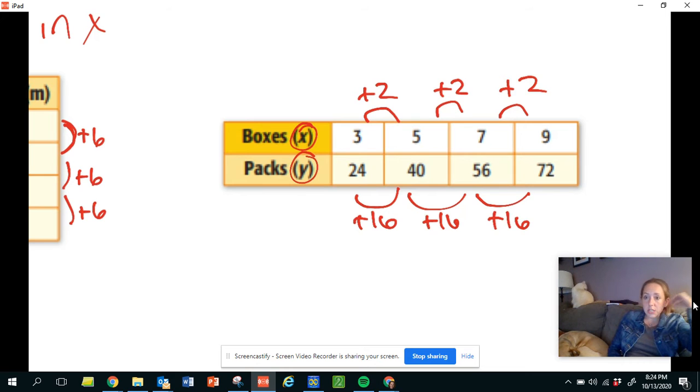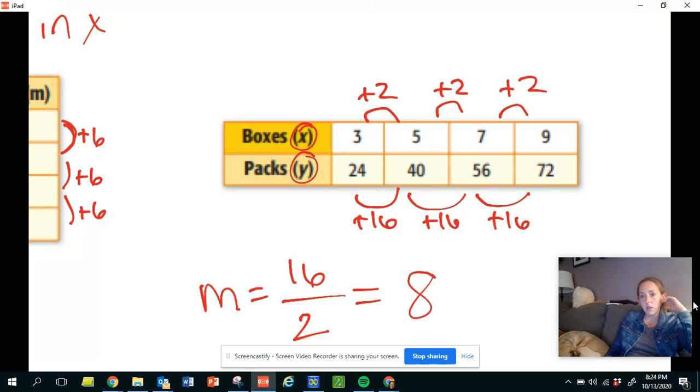Remember, it's the change in y over the change in x. People always look at the table and want to put the x on top. It's actually the y that goes on top and the x goes on the bottom. So in this case, the rate of change is 8. So you go up 8 packs for every box. I don't know packs of what or boxes of what, but you get the idea.